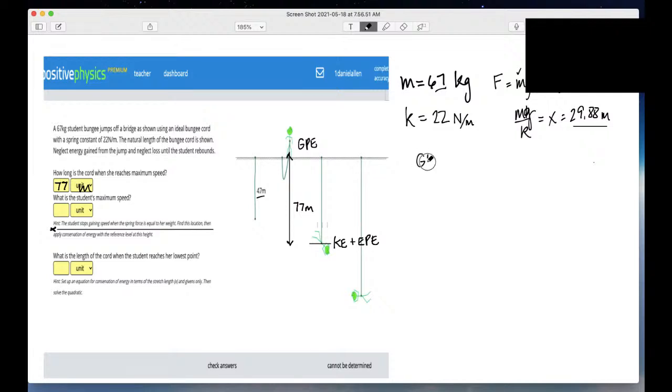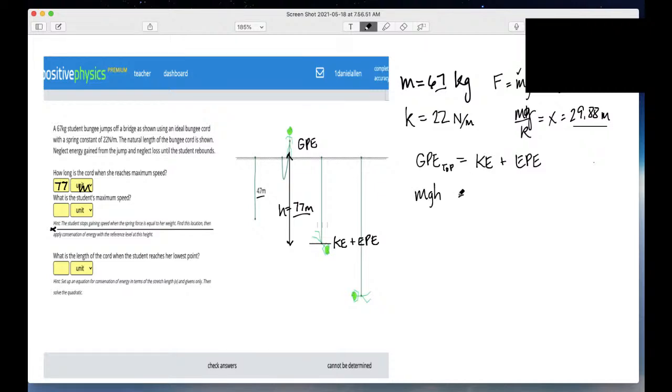So GPE at the top is equal to kinetic energy at that reference point plus EPE. All right, so GPE at the top is mgh. H is 77, right?